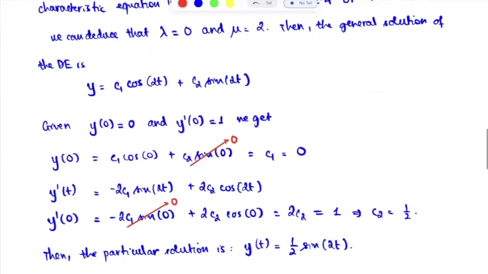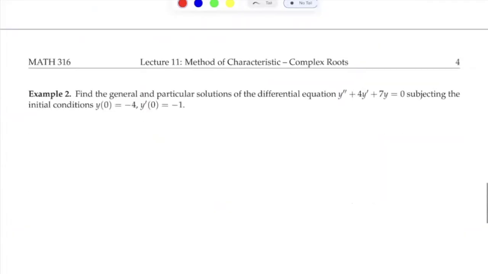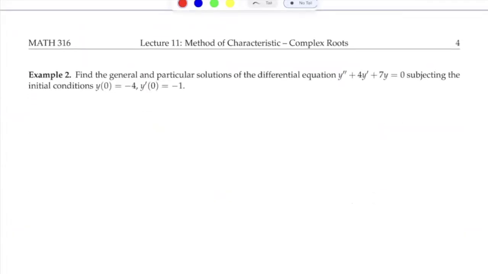Okay. Now for example 2, I want to find the general and particular solutions of the differential equation y double prime plus 4y prime plus 7y equal to 0. And we have the initial conditions y of 0 equal to negative 4 and y prime of 0 equal to negative 1.